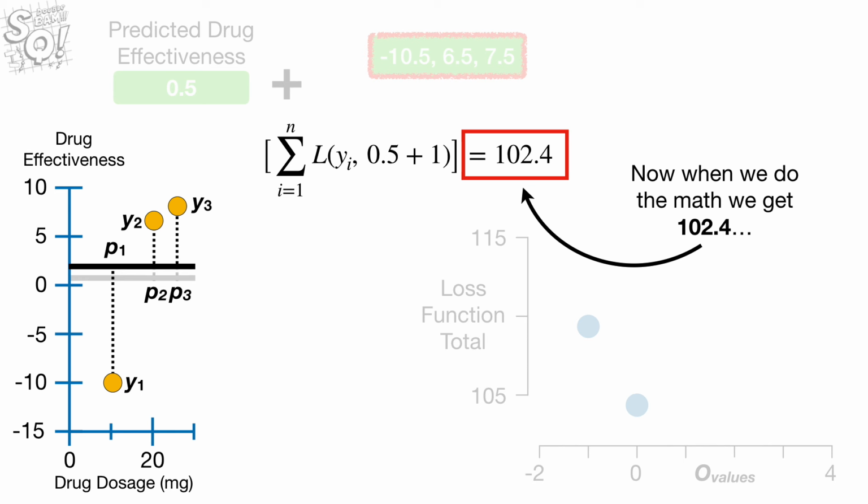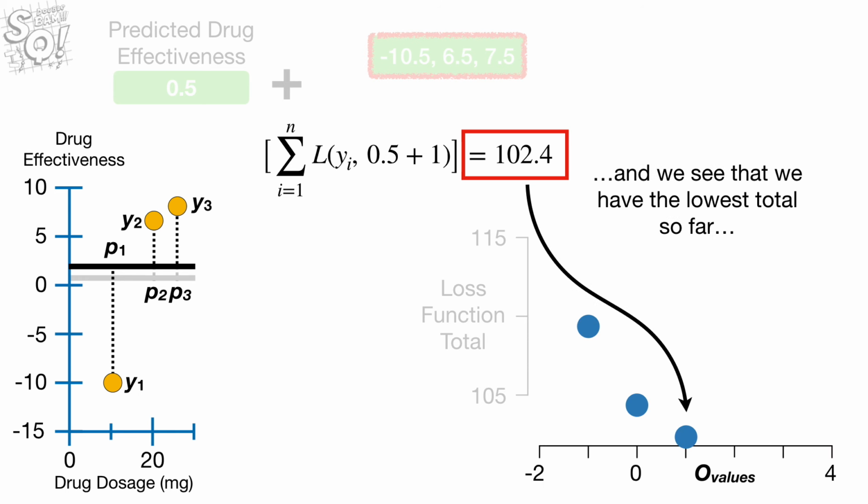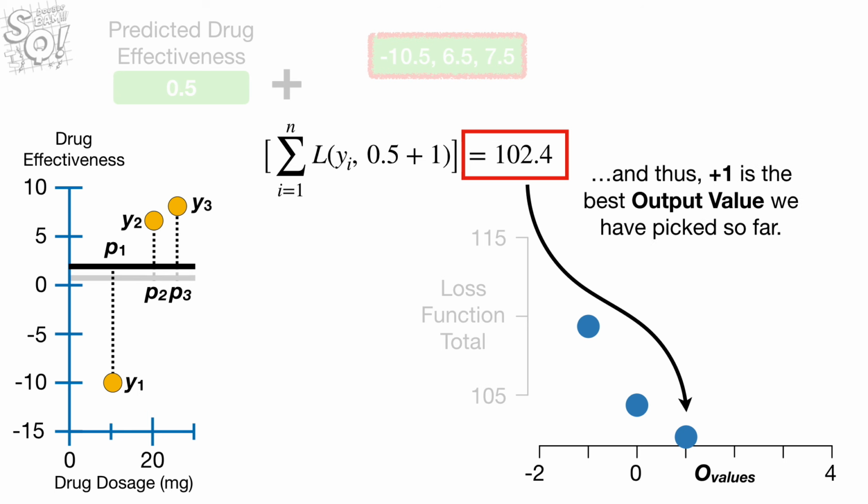Now when we do the math, we get 102.4. And we see that we have the lowest total so far. And thus, +1 is the best output value we have picked so far.